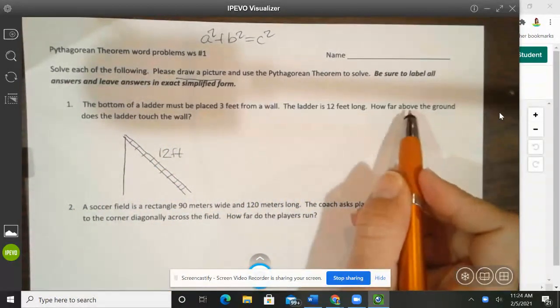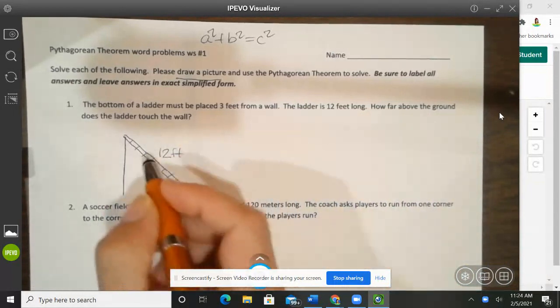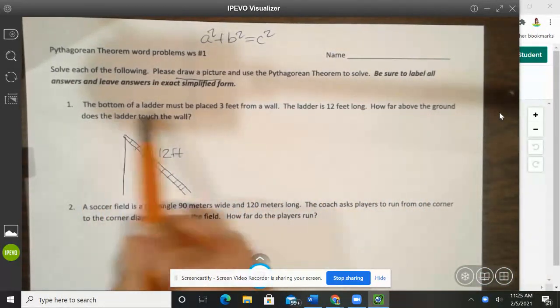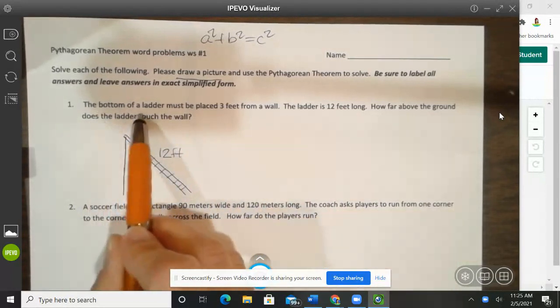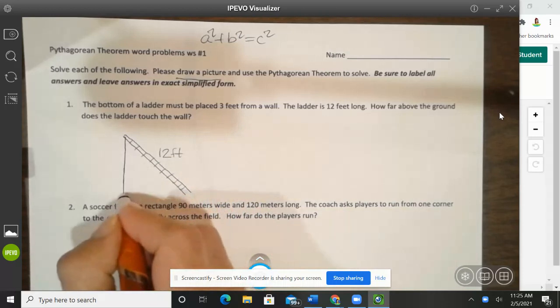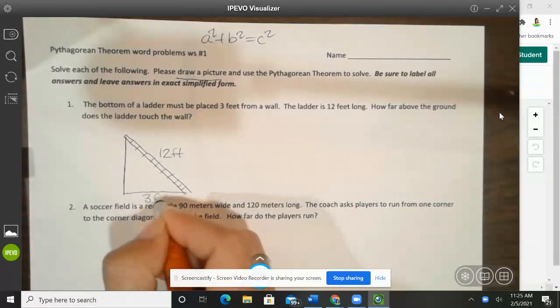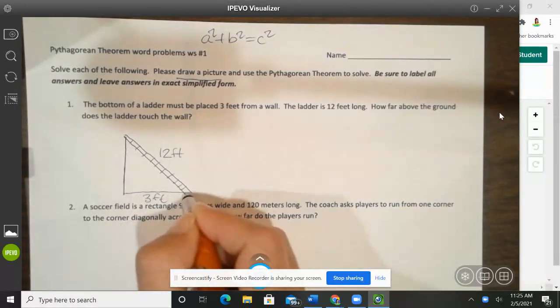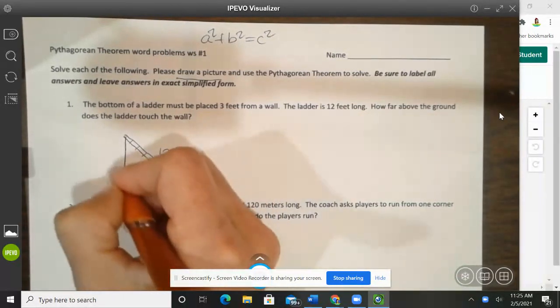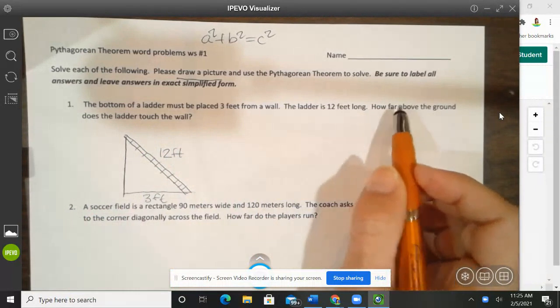And then how far above. It says that the bottom of the ladder must be placed 3 feet from the wall. So this is actually 3 feet here. The bottom right here is placed 3 feet away from the wall. So you're looking for how far above.